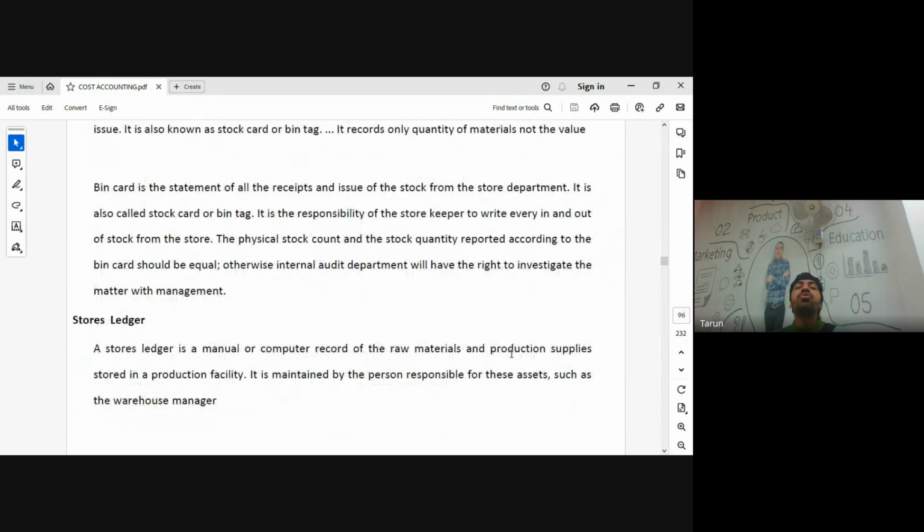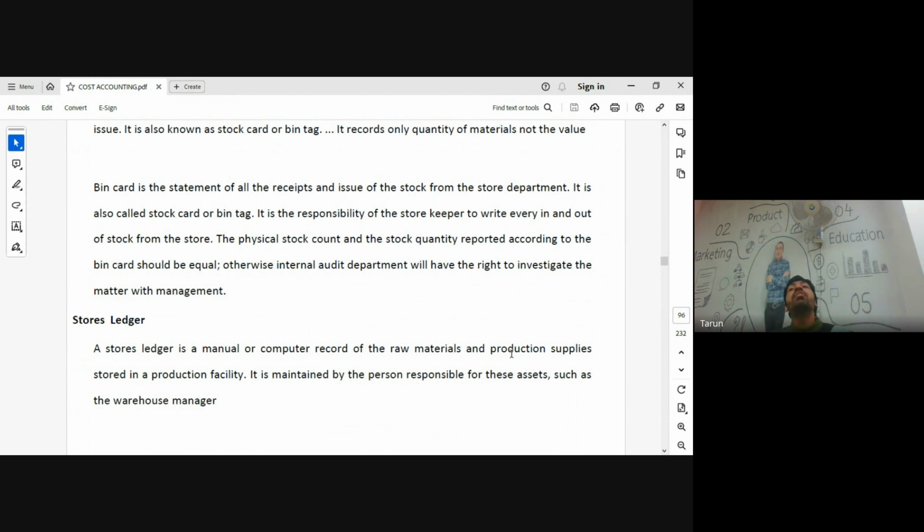Next is the store ledger. What is the store ledger? The store ledger is a manual as well as a computer record of the raw materials, the production supplies, whatever is stored in the production facility. It is maintained by the person responsible for these assets, and that responsible person is the warehouse manager.